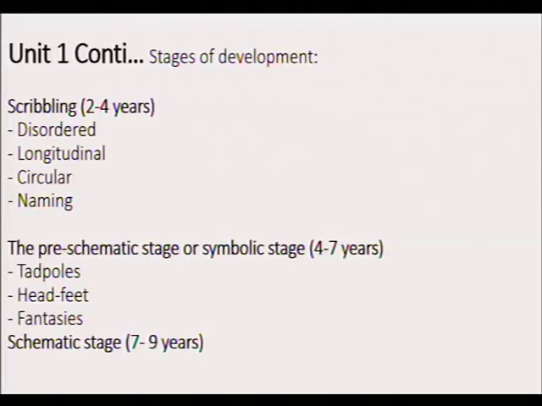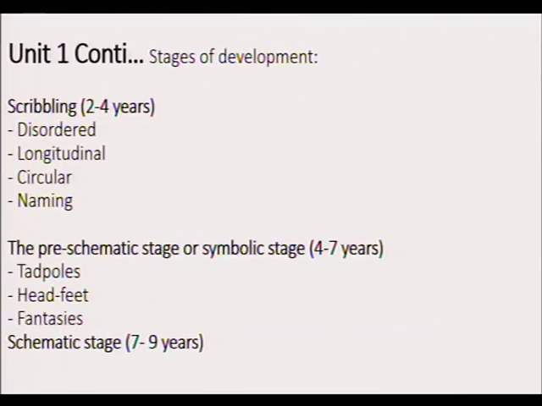We also have a pre-semantic stage or a symbolic stage that is between the age group of 4 and 7. There also, you should expect in their drawings something called tadpoles, or feet-head, or head-feet, and fantasies. Fantasies are just things that are being imagined.